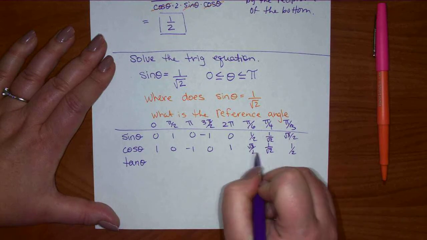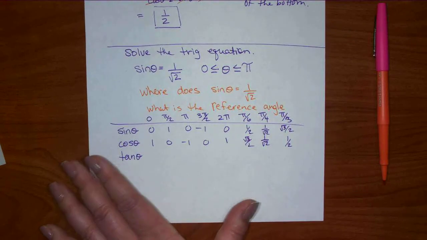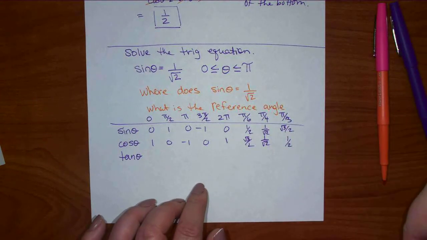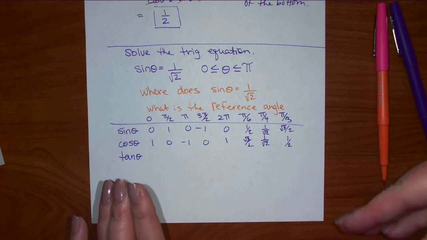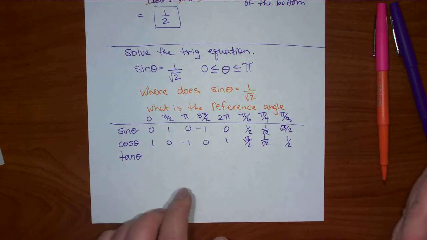And I'm not even putting tan in because I don't know if I need it yet. But there they are. But tan, what do we do to get tan? Divide. That took me maybe 5 seconds. Writing time, right? That's how well you need to know it.